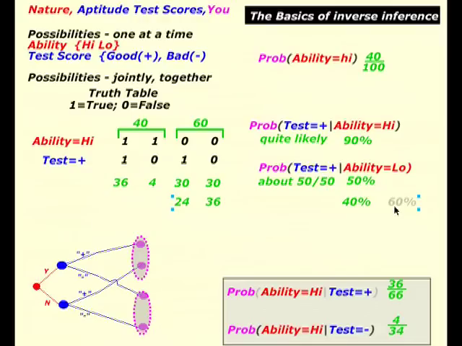Now, this number up here, we call the sensitivity of the test. This number down here, we call the specificity of the test. It's taken me about 4 years to get my head around those two labels. Just remember, there's two things. You can have a good test result or a bad test result. And it's what do you learn about the ability of people from those test results.